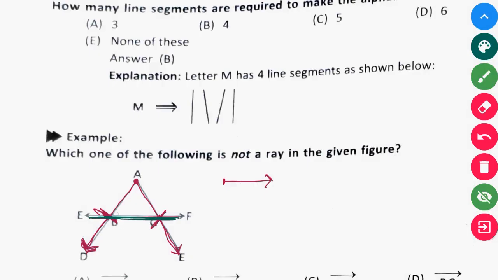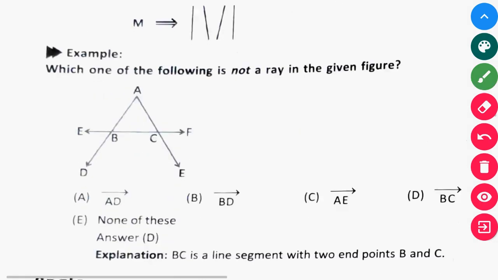When we take EF, EF is represented by an arrow on both sides. And when an arrow is there on both sides, it is not a ray, it is a line. So EF is our correct option, which is not a ray in the given figure.